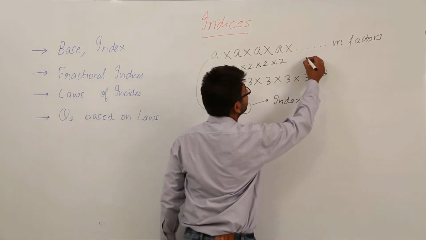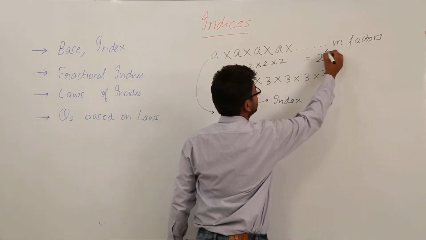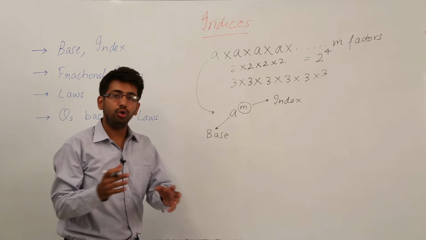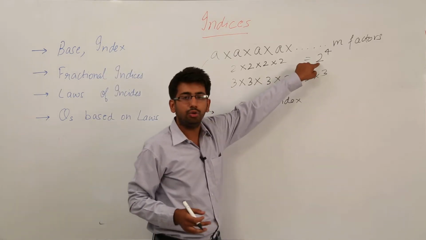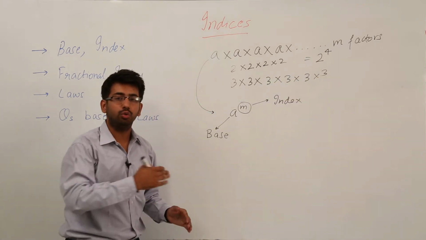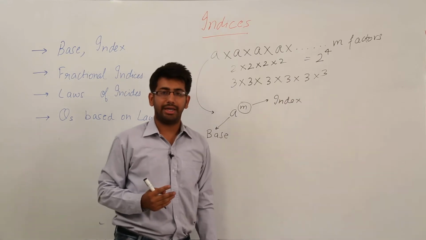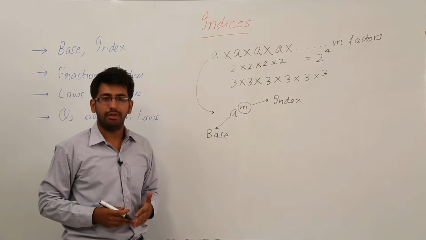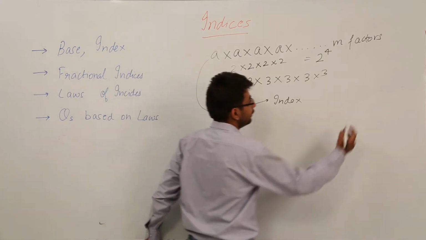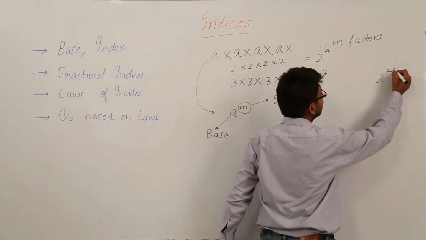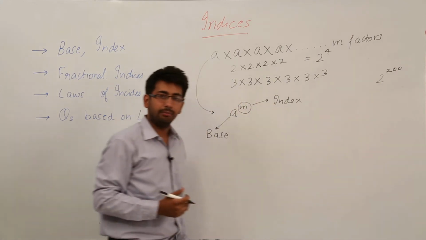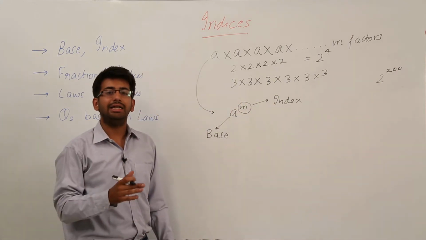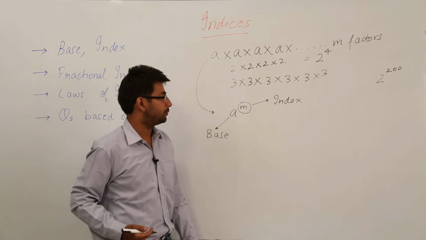So we also write this as 2 raised to power 4, because this is more convenient to write. For example, if it was 2 into 2 up to 200 times, then it is impossible to write this anywhere. So it is better if we write that statement as 2 raised to power 200. It is very convenient and very simple to express.